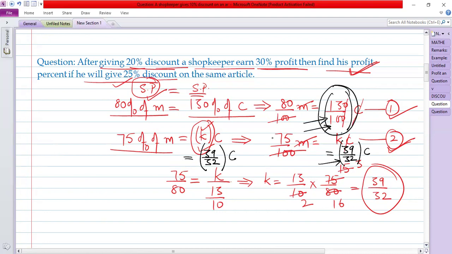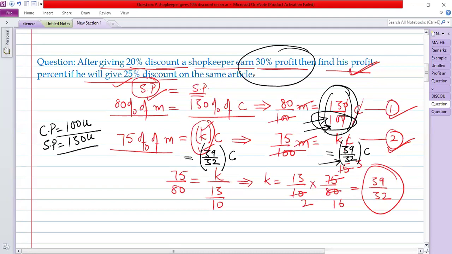The meaning was simple: if the cost price was 100 unit, the cost price was this denominator 100 unit, what was the selling price? It is 130 unit. Why so? Because earlier the profit was 30%.